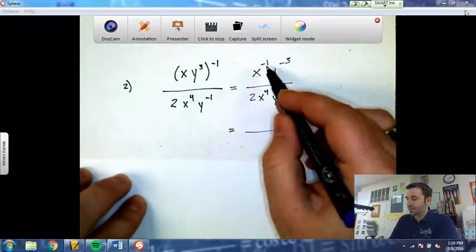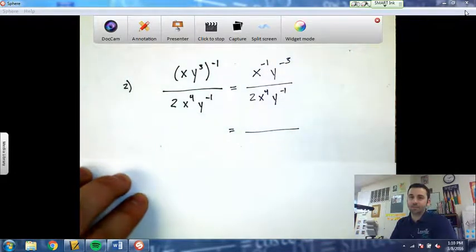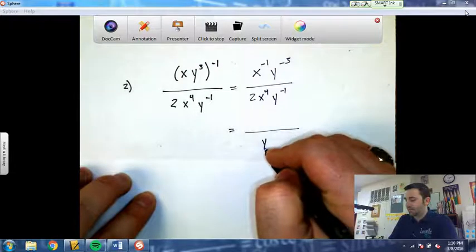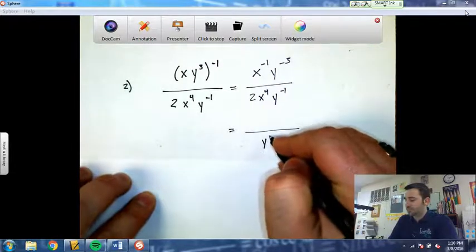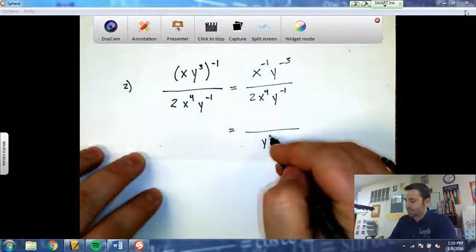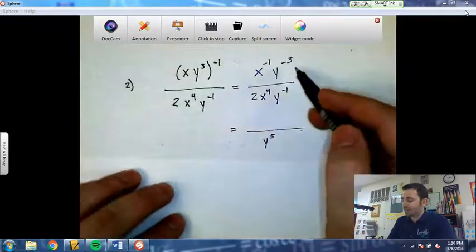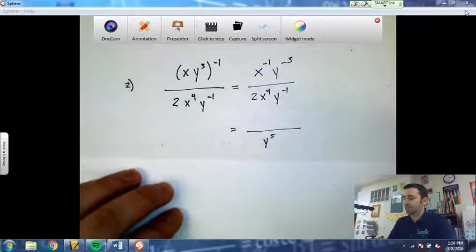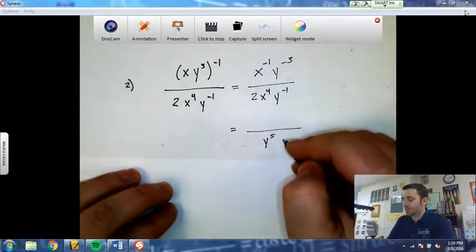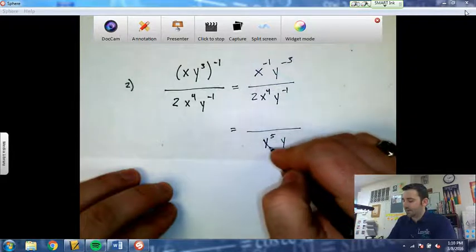So negative 1 minus 4 would give me a negative 5, and since it's negative, I'm going to have that in the denominator. Negative 3 minus a negative 1 is a negative 2. Since it's negative, I'm going to have it in the denominator.